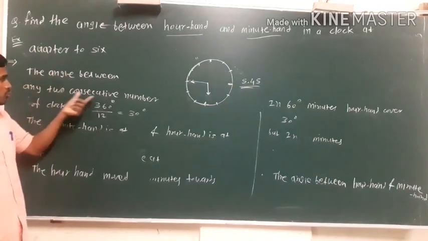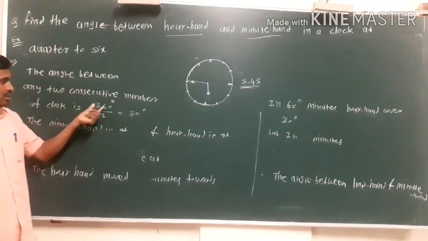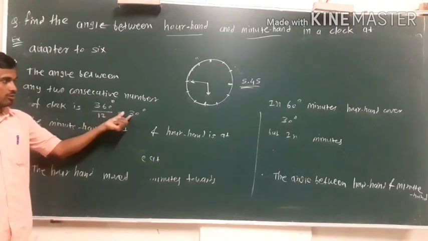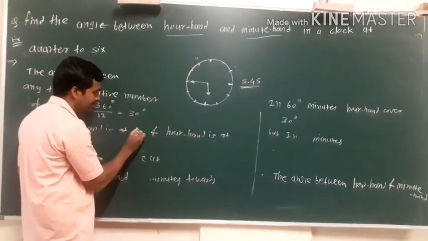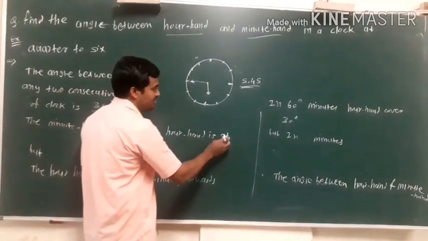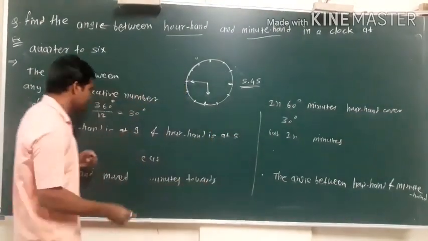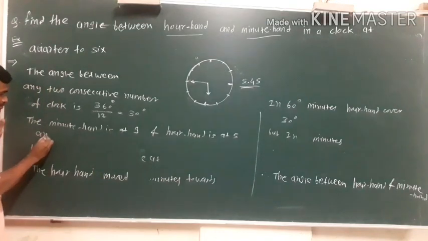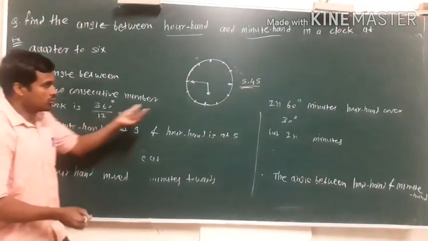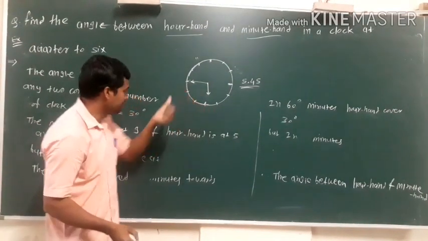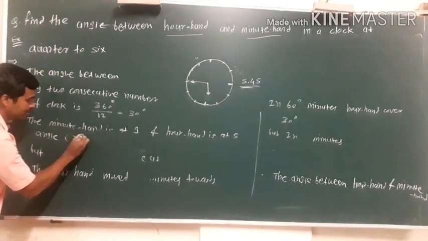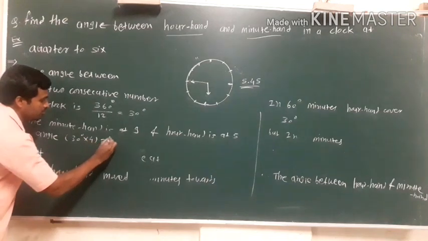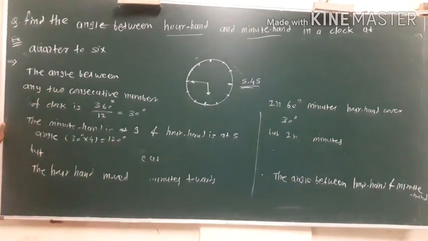The angle between any two consecutive numbers is 360 divided by 12 equals 30 degree. The minute hand is at 9 and the hour hand is at 5. The angle is total slots 1, 2, 3, 4, and one slot means 30 degree. 30 degree into 4 equals 120 degree.